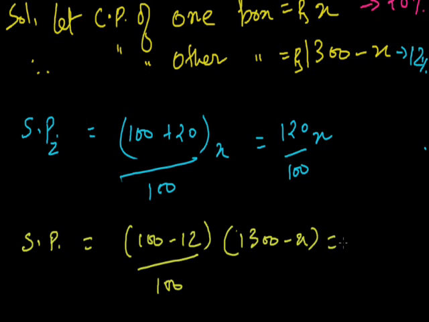We can write it simply as 88 upon 100 of 1300 minus X.